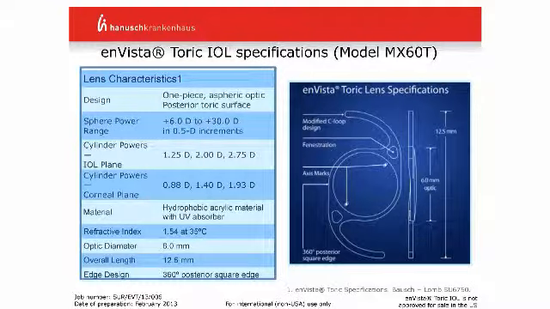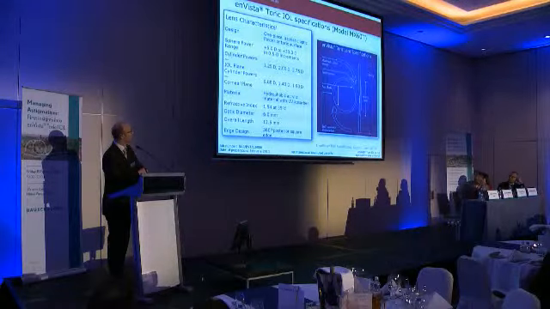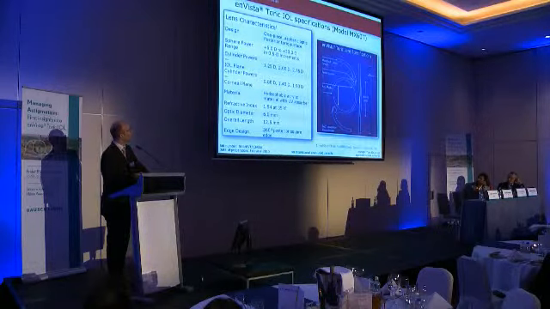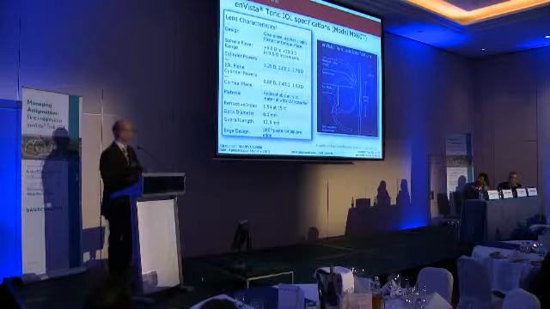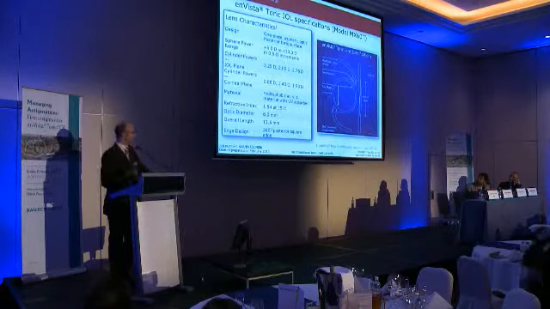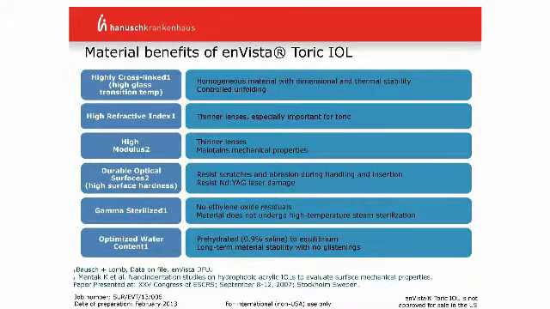Now, next slide, please. This is the toric variant, and you can see these are the cylindrical powers on the IOL plane, 1.25, 2, and 2.75, corresponding to these cylindrical powers on the corneal plane. And otherwise, the design is the same. Obviously, you have 2 lines to show you the alignment axis. Next. Here again, some of the material benefits.